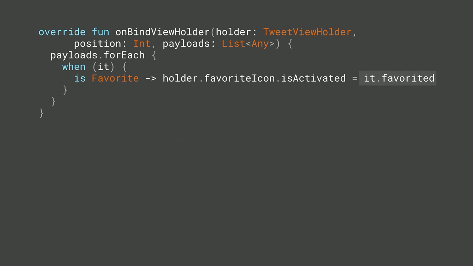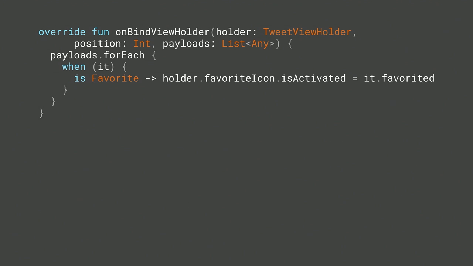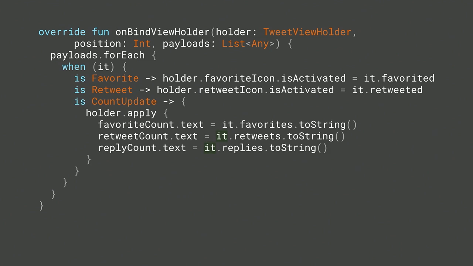So each one can now reference the properties without having to do the explicit cast because the when expression took care of it. And so we add the other branches. And we get this nice readable payload implementation instead of what we have in Java, which is a bunch of objects and a bunch of manual casting.